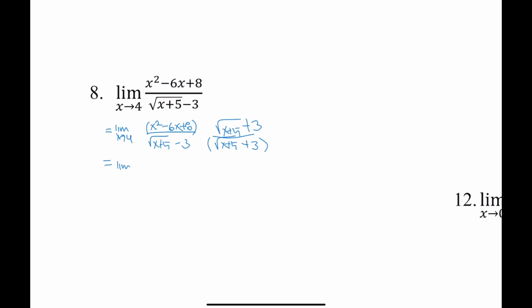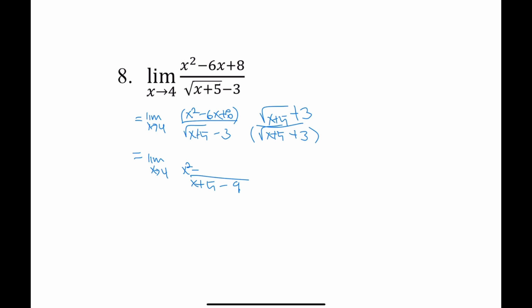Which means limit as x approaches 4. And then let's try to figure out the denominator first. So x plus 5, right, minus 9, all over x squared minus 6x plus 8 times root x plus 5 plus 3, right?